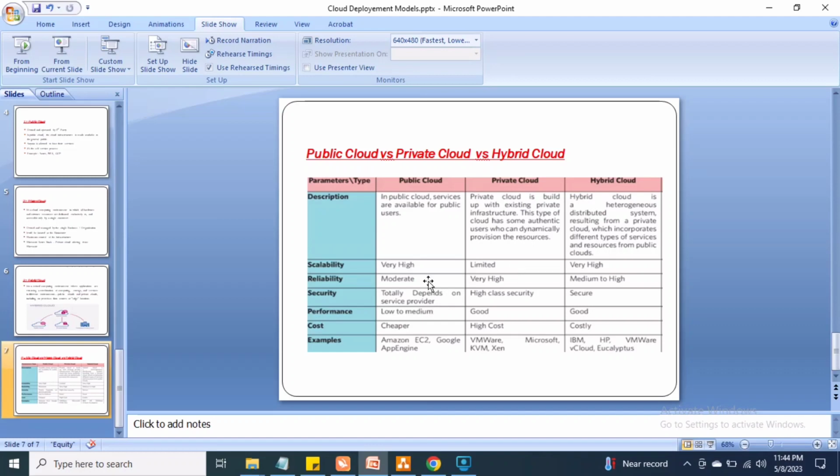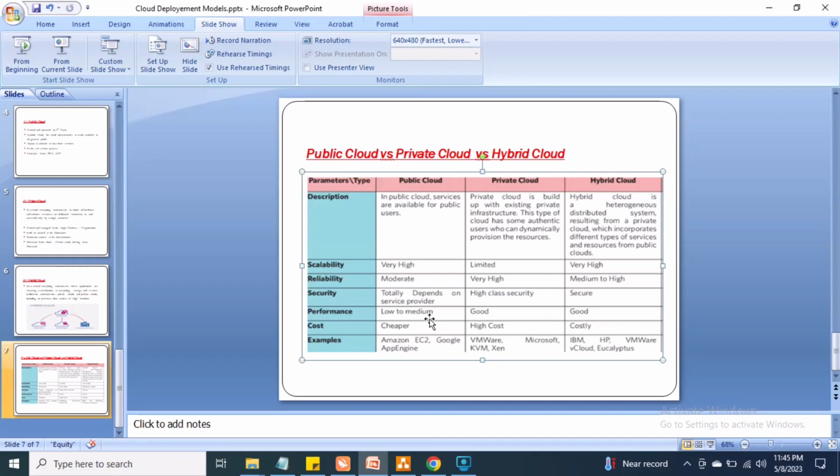Next one is reliability. Reliability is very high in private because the whole control belongs to them. And the security one. Security totally depends on the service provider in public cloud. And over here, the whole data center is hosted by them, so it provides high class security.